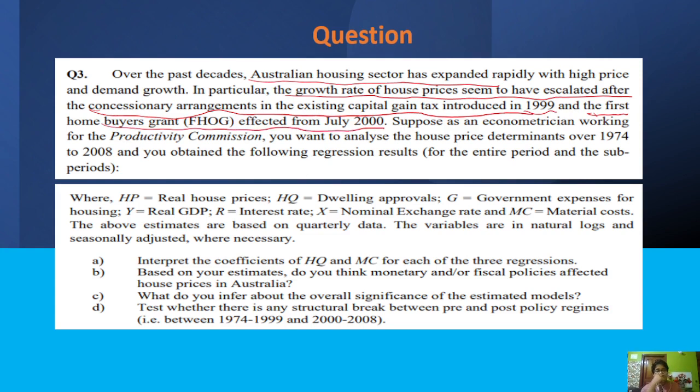So basically there were two things that happened: some relaxation in the capital gain tax introduced in 1999, and the first home buyers grant introduced in 2000.